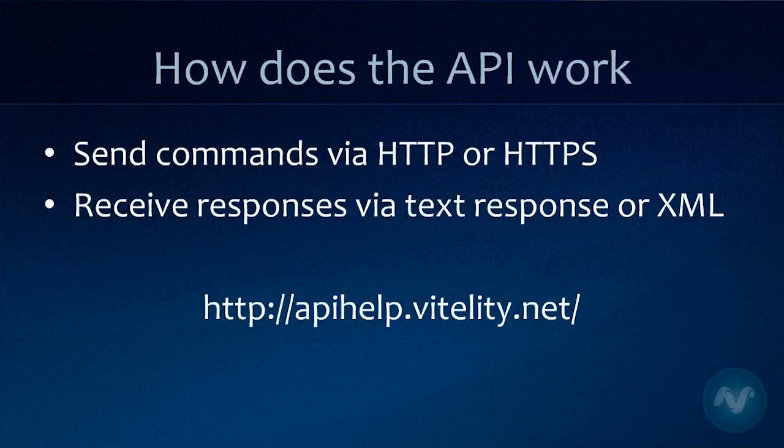If you want to follow along, go ahead and open a web browser to apihelp.vitelity.net, and you can see the entire list of API commands. It shows examples, it shows the responses that you get. So that is the documentation for the API as we have it today.